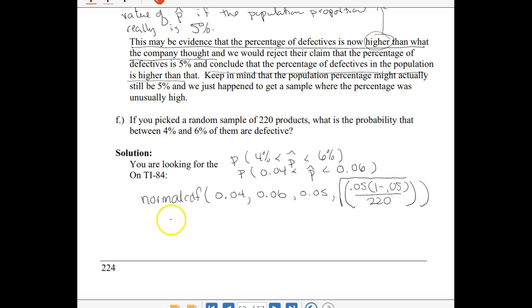Again, you should pause the video and grab your calculator and go into normal CDF and input these values and make sure that you can get the result of 0.5038481.